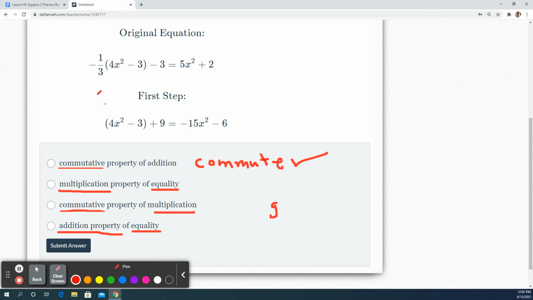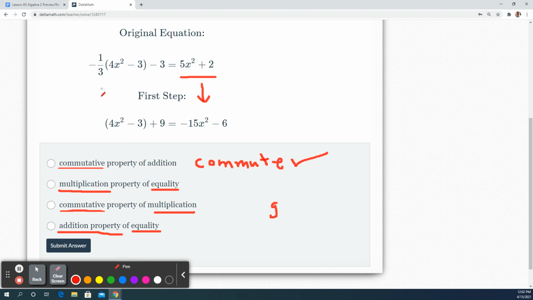All right, so what do we do here? Well, on the right side here, it went from 5x squared basically to negative 15x squared. And it looks like it's basically had a multiply by 3 going on. That negative 3 turned into a 9. Once again, a multiply by 3. And we got a sign change here too, so it's good to note that.